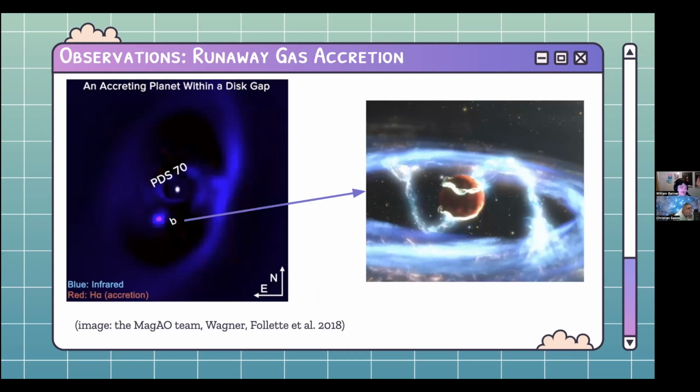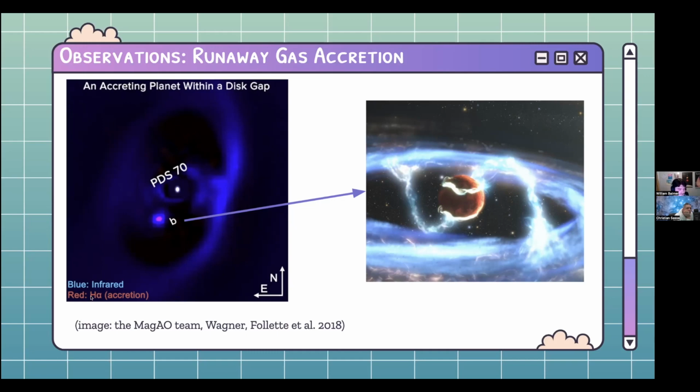The really cool thing about this system, and something that I've worked on, is that if you observe this system in particular wavelengths of light, where hydrogen emission is the strongest, you can see this runaway gas accretion effect that we spoke about. You can see the hydrogen gas falling onto the surface of this newly forming Jupiter-sized planet. This is for much of the reason that a lot of amateurs observe nebulae in narrowband filters.